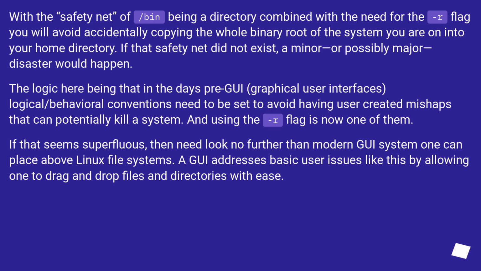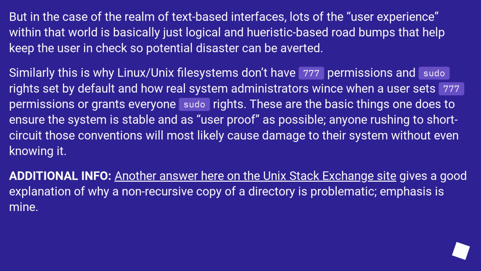If that seems superfluous, then look no further than modern GUI systems one can place above Linux file systems. A GUI addresses basic user issues like this by allowing one to drag and drop files and directories with ease. But in the realm of text-based interfaces, lots of the user experience is basically just logical and heuristic-based road bumps that help keep the user in check so potential disaster can be averted.